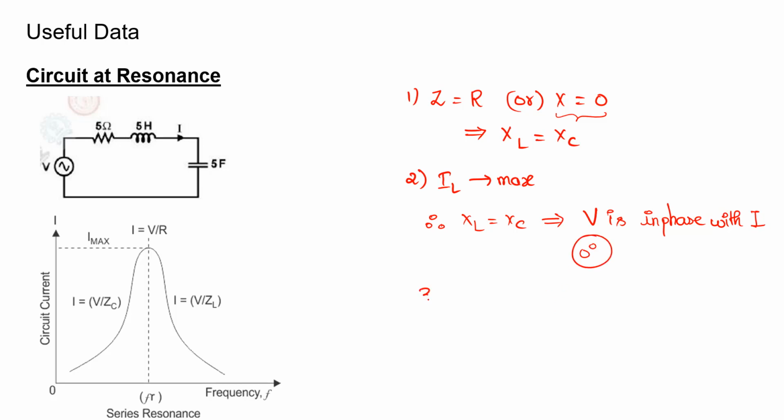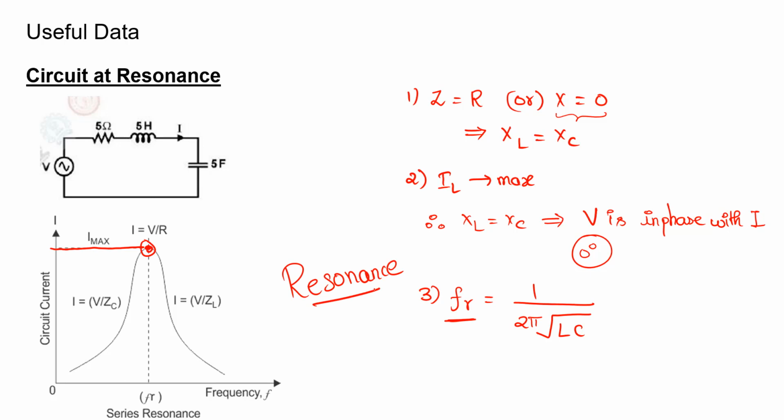The frequency at which this occurs is called the resonant frequency, Fr, and at this resonant frequency the response of the current is maximum. Therefore, this is equal to 1 divided by 2 pi root of LC. So, when the source supplies power at this frequency, then resonance happens.